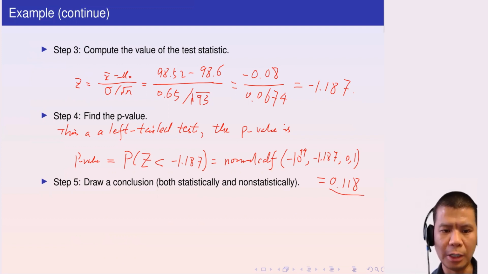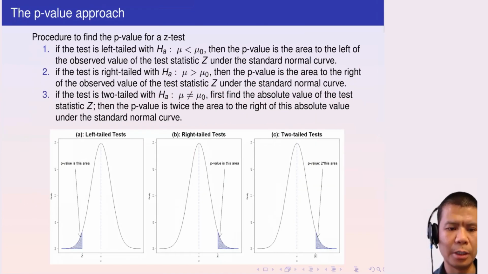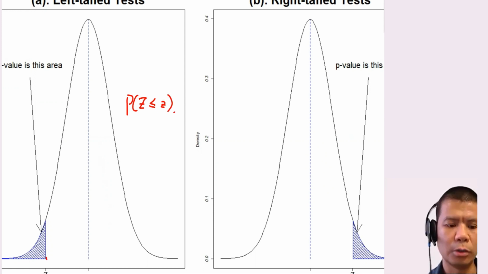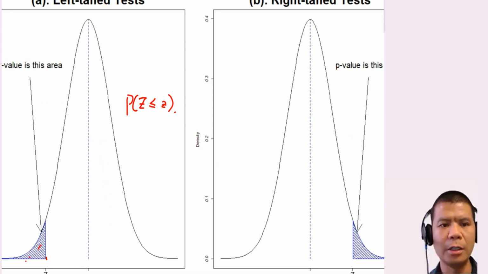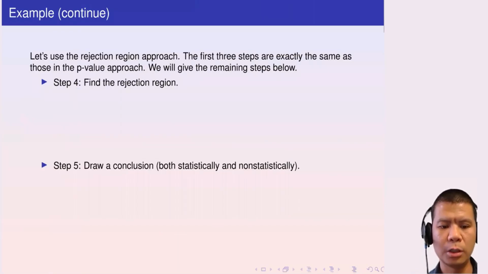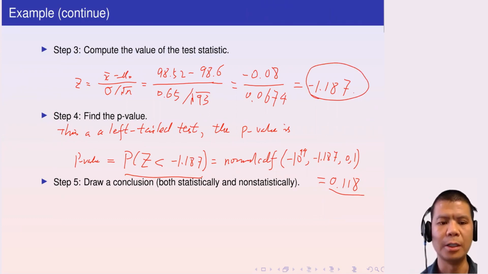Since it's a left-tailed test, this is the area of this region, the probability that capital Z is less than or equal to this value, where lowercase z is the observed value. That is this area. That's why the p-value is the probability of being less than the test statistic, because it's a left-tailed test.